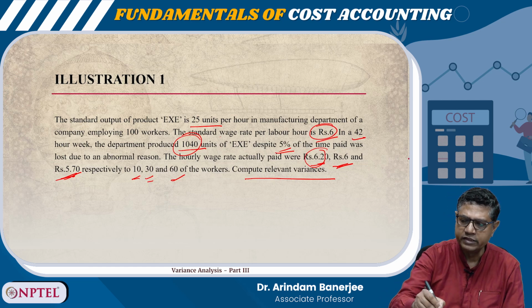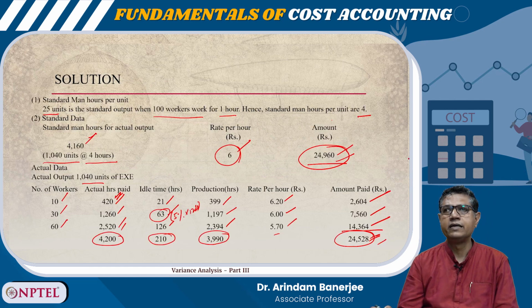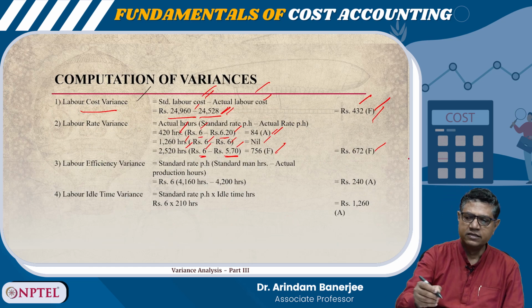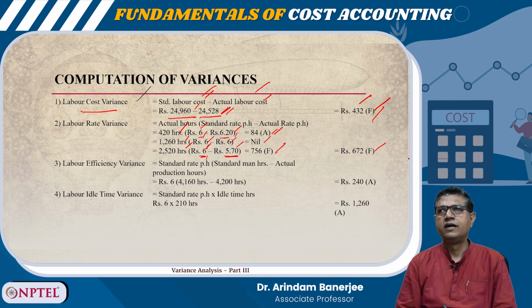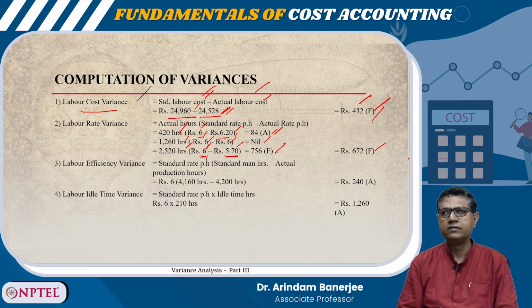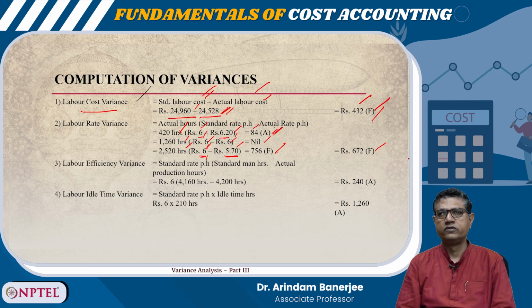The standard wage rate for each labor is rupees 6, the same for all three groups. For the first group it is 6 rupees 20 paise, so they are paid more than the standard. So it is 84 adverse if we solve.